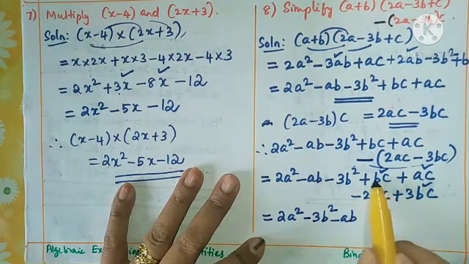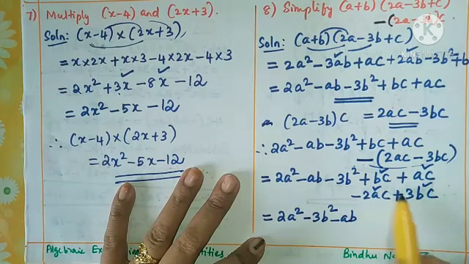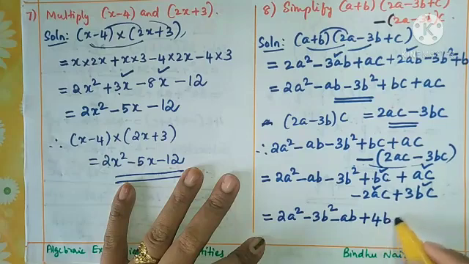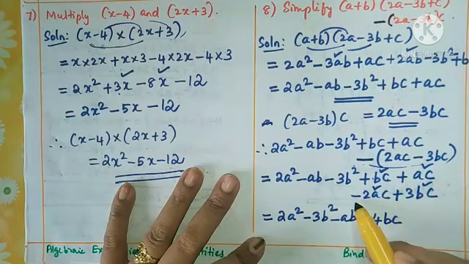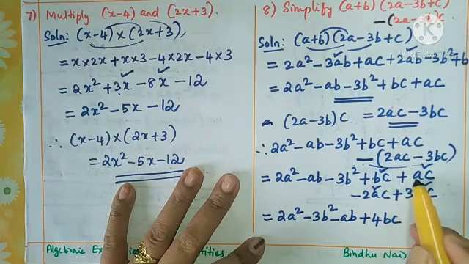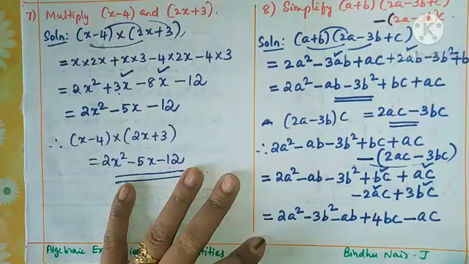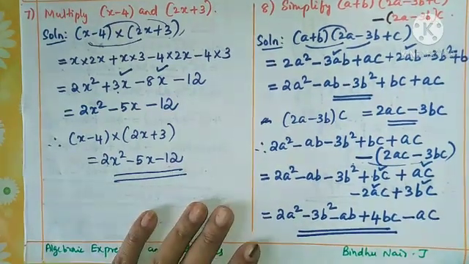Yes, now what is plus BC and plus 3BC? Plus 1 plus 3, that is plus 4BC, and here minus 2AC plus AC, minus 2 plus 1, that is minus 1 AC. Okay, so this is the final answer of simplification.